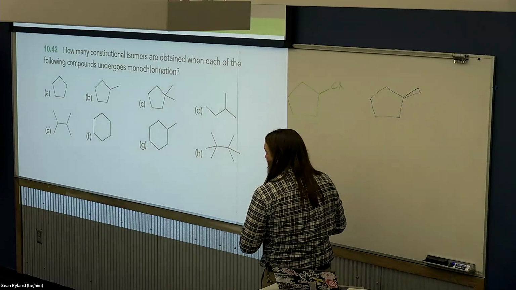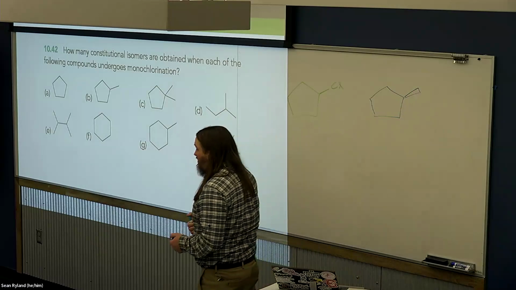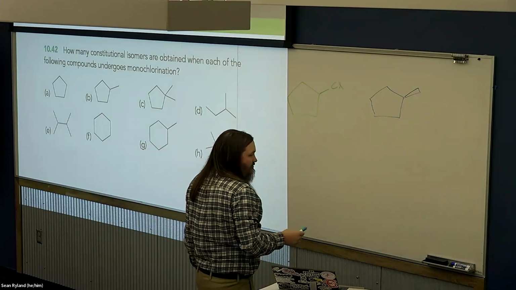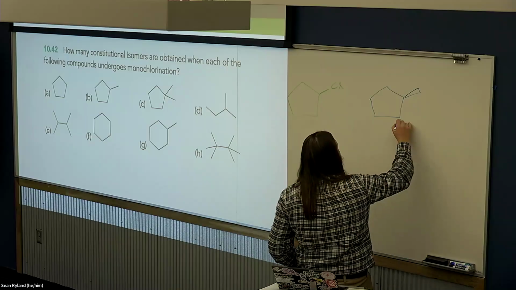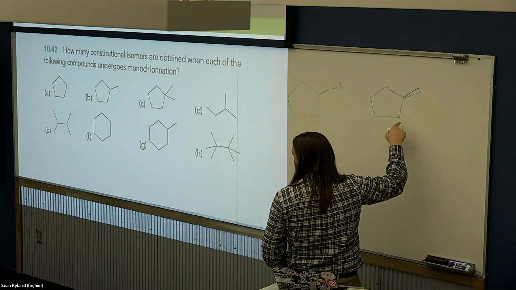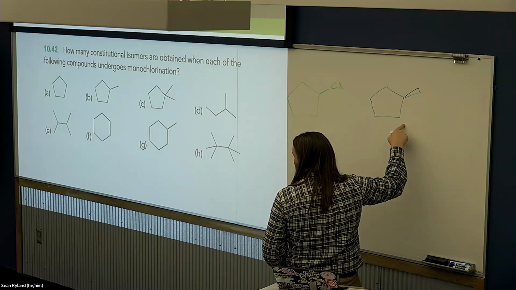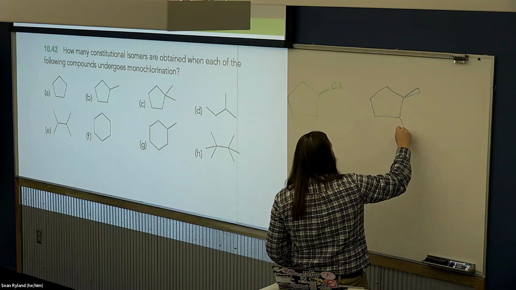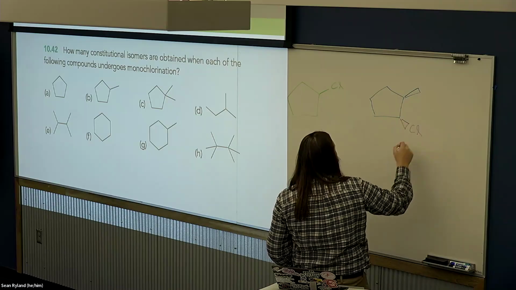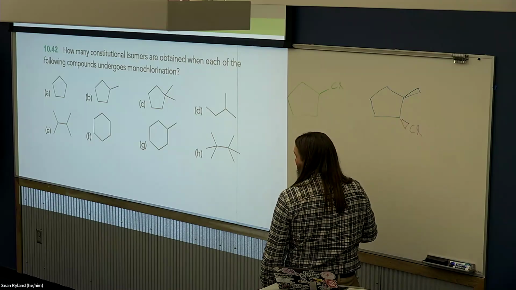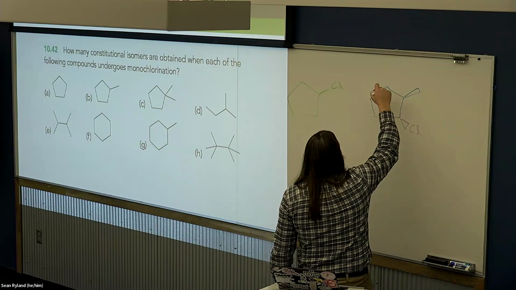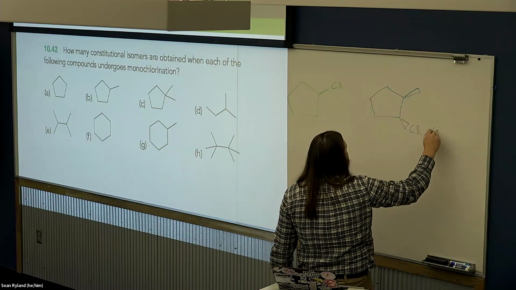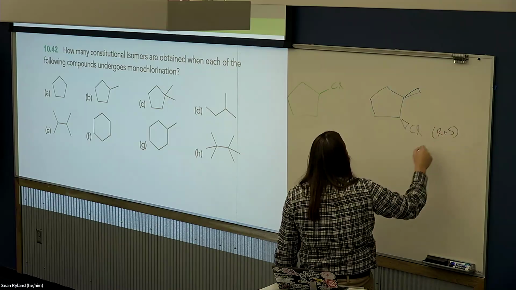There's no stereochemistry, so we can just take which direction up to this. But that means each position here, we could have the cis and the trans. And the cis is going to have an R plus an S. So really we should be saying R plus S and cis plus trans.